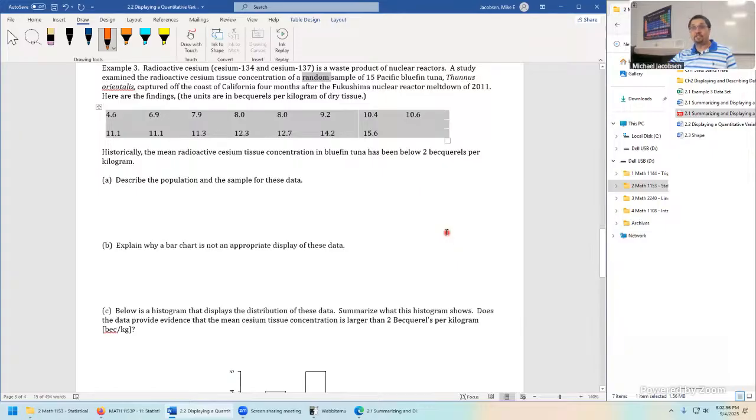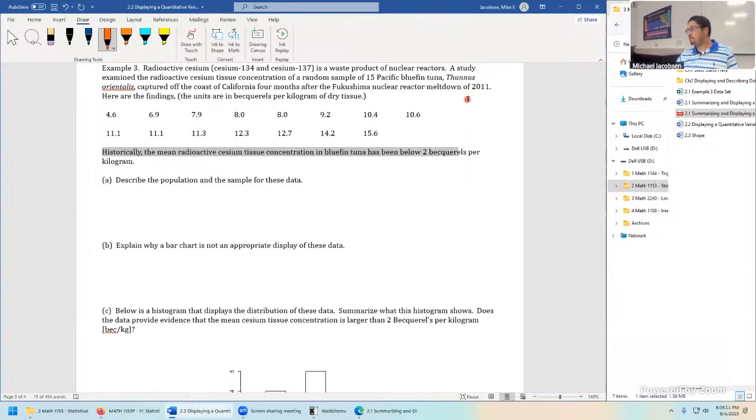Here's all the radioactivity measurements. And we're told further, historically, so before the meltdown, radioactive cesium is naturally occurring, and the mean radioactive cesium tissue concentration in Pacific bluefin tuna has been below 2 becquerels per kilogram. That puts these numbers in context. The smallest one is 4.6.